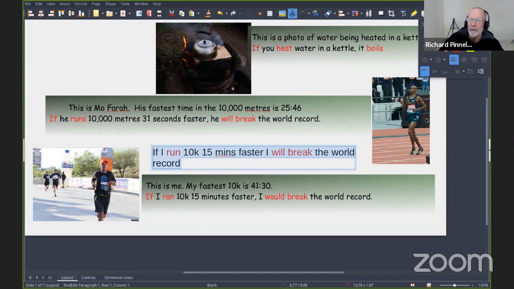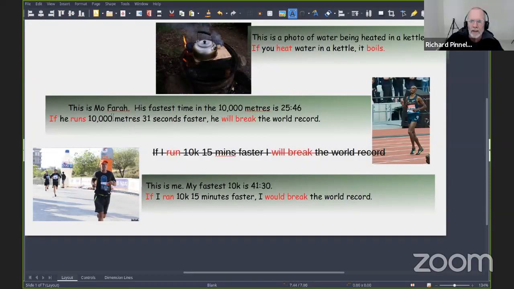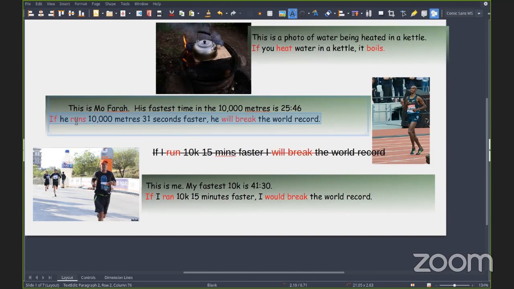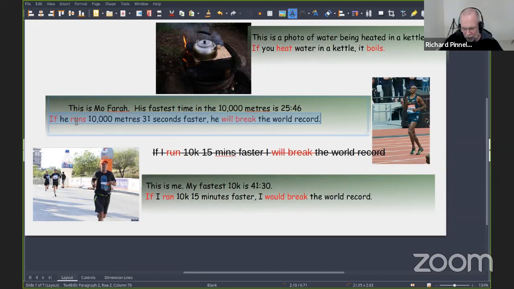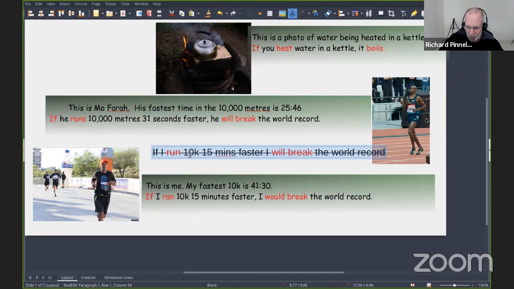Why? This is wrong, but the same sentence here is correct. Can you tell me why, Irma? Or Carlos, or somebody in the chat. Does anybody know why I cannot say this? Irma?